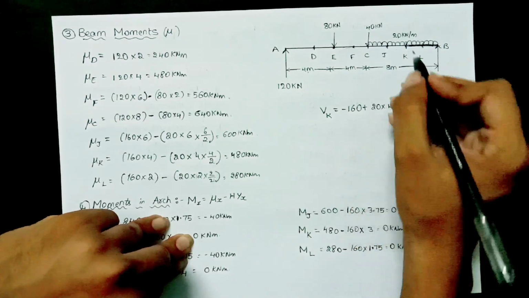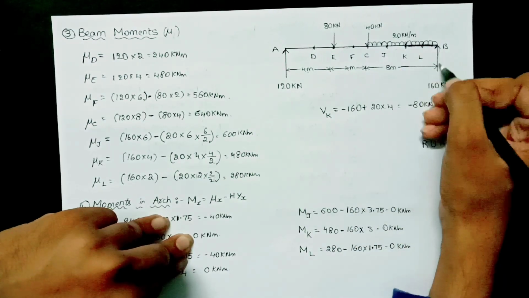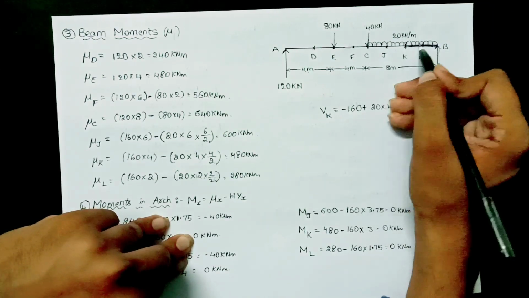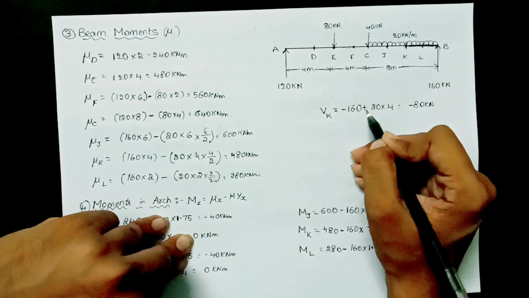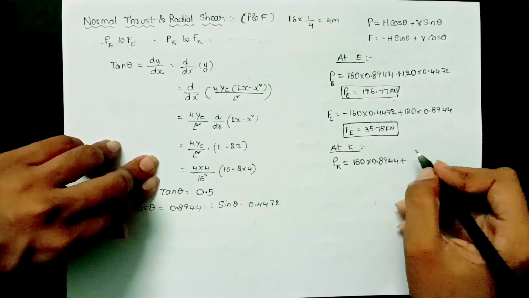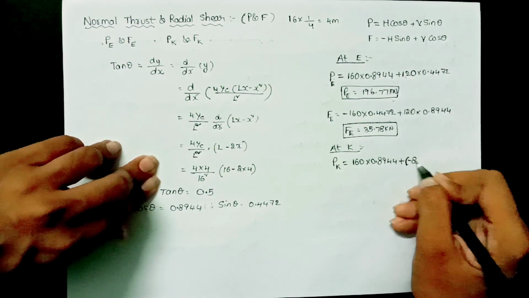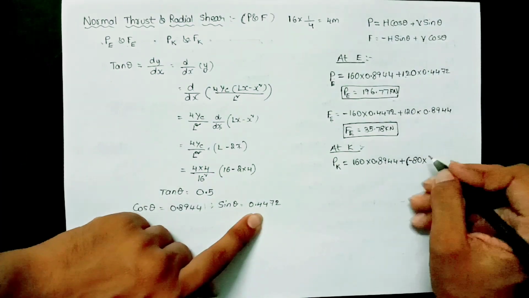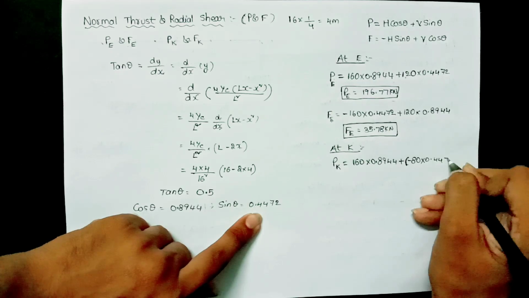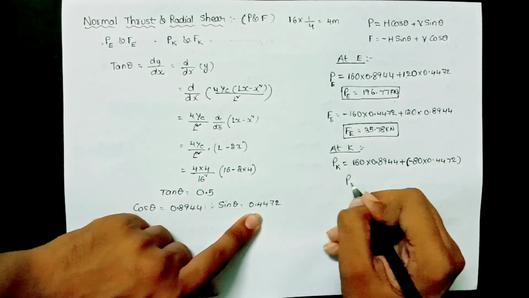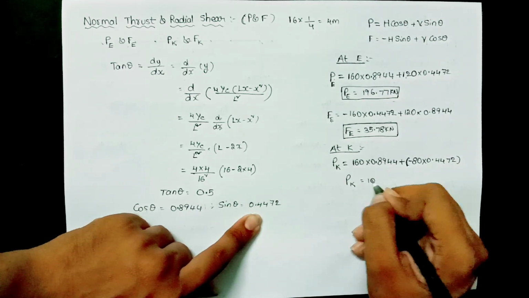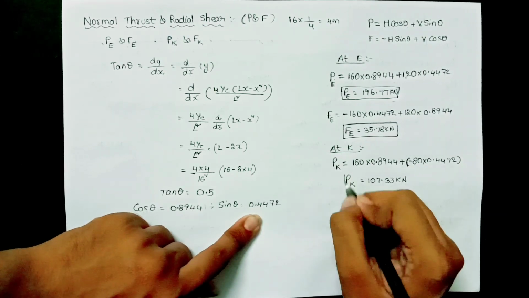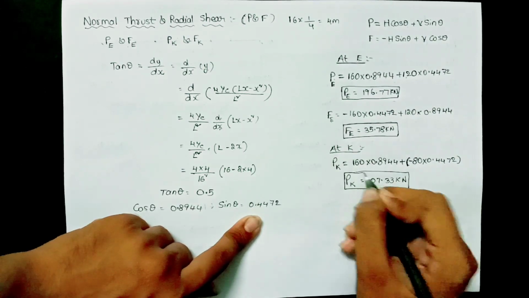The plus is taken because if right hand side upward is negative, then right hand side downward is positive. I place that minus 80 kilonewton into sin theta, 0.4472, so the normal thrust is obtained as 107.33 kilonewton. This is the normal thrust at K.